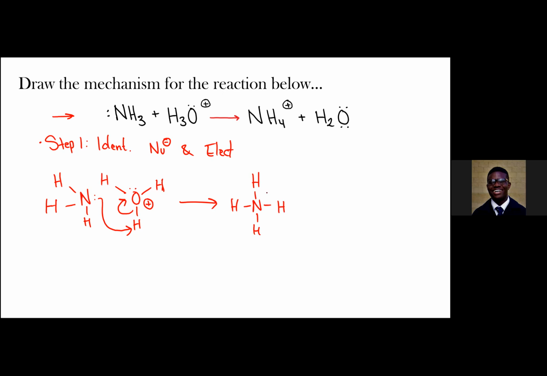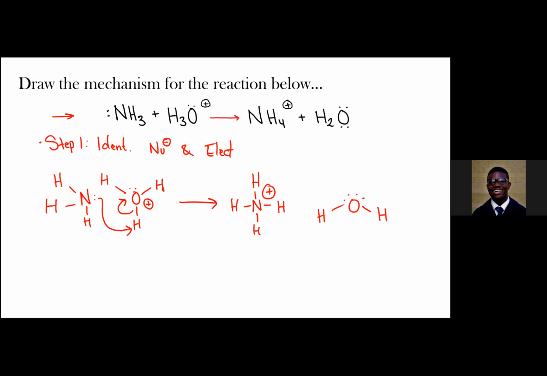Now if you do the counting, nitrogen usually prefers 5 valence electrons, but in this case, it's going to have 4. So it's going to have a +1 charge. And then we would just have water left over with 2 lone pairs. Cool. What questions are there on that problem?